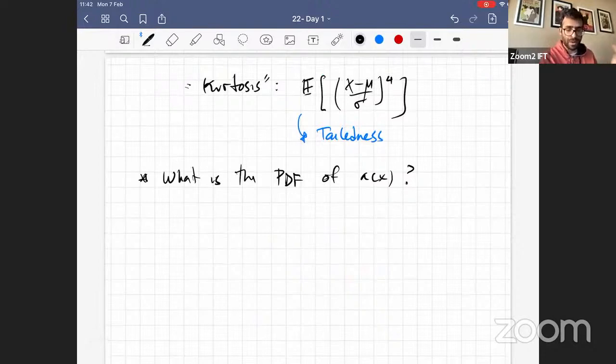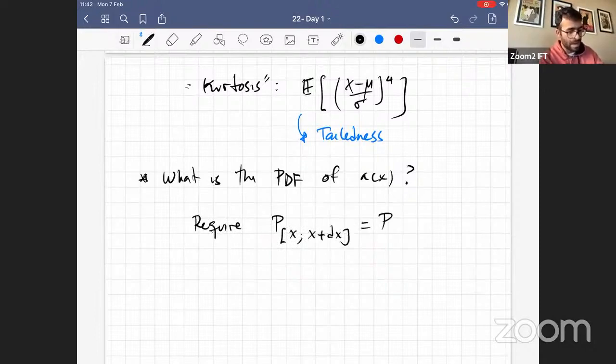It is computed by the requirement that, you go to the definition of what a PDF is, be the same as the probability of X being in the infinitesimal interval. So if you compute this requirement, then you get the result.